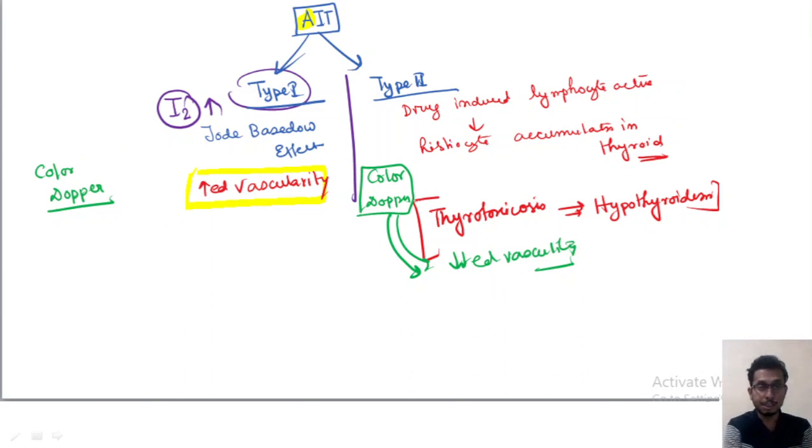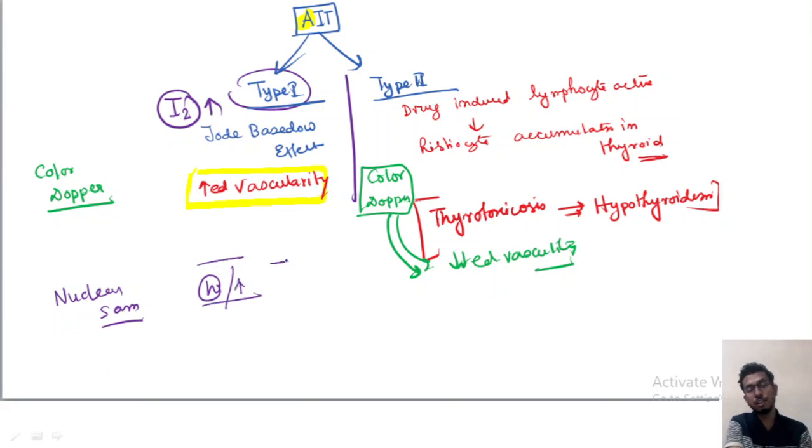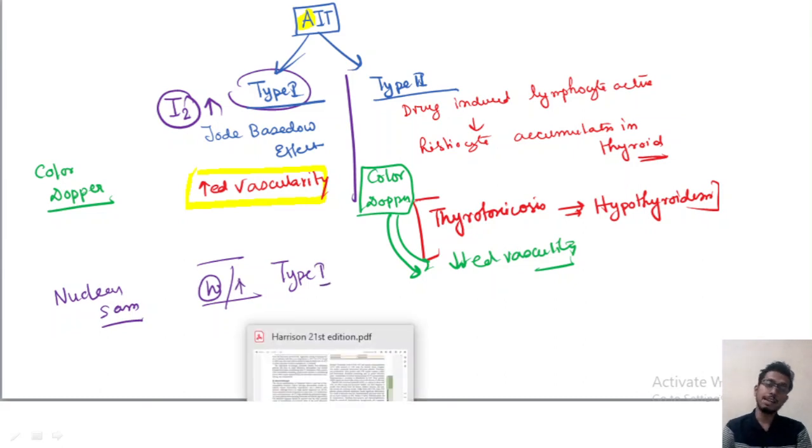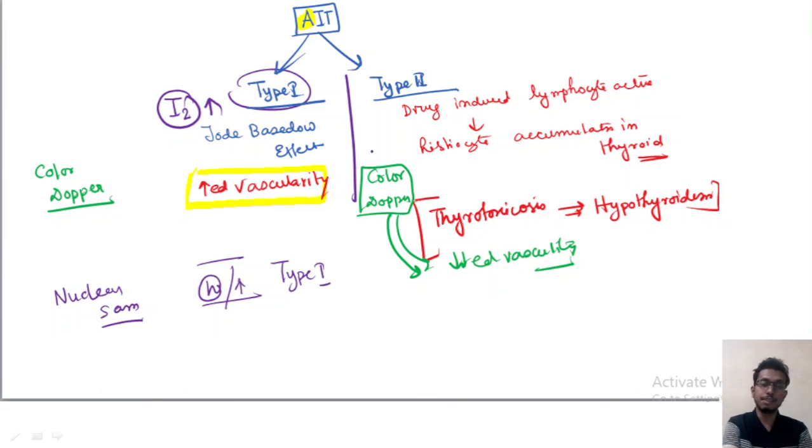Alright, but still some clue can be achieved from the nuclear scan: if there is normal or increased uptake, invariably it means it is type 1. Whereas in type 2 the gland itself is getting destroyed, so there will be decreased uptake. Usually there is decreased uptake due to the iodine content.